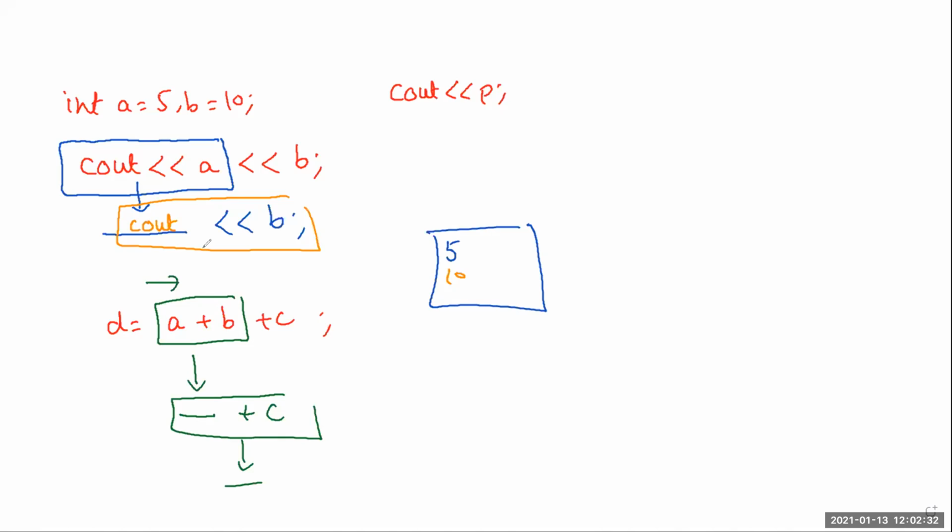It might be a bit difficult to understand, but you can understand it by looking at this plus example: first A and B are added, returning an integer, and then that integer is added to C, so you get another integer, which goes to D. Similarly, when I write cout A B, first cout A is executed, 5 is printed on the screen, and then you are left with this symbol and B. You can easily guess what to put in this blank so that it is a legal statement.